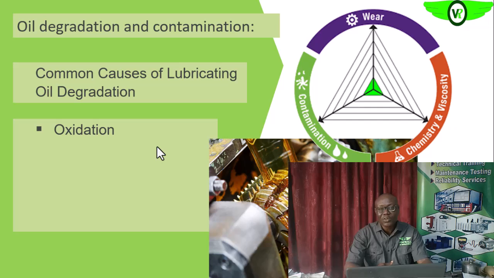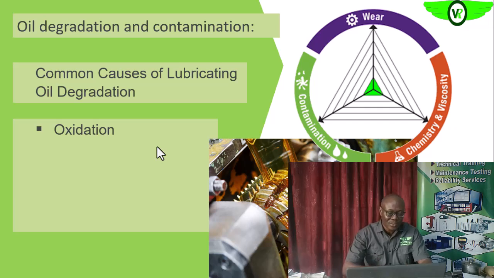And oxidation can also cause an increase of the acid content of the lube oil. And we know that as the acid content, or the acidity of the oil, is increasing, that can increase the possibility of corrosion within the engine.